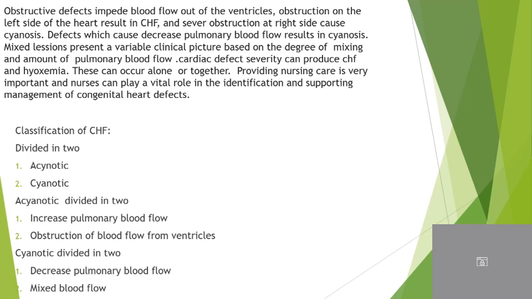Obstruction on the left side of the heart results in CHF, and severe obstruction at the right side causes cyanosis. Defects which cause decreased pulmonary blood flow result in cyanosis. Mixed lesions present a variable clinical picture based on the degree of mixing and amount of pulmonary blood flow.